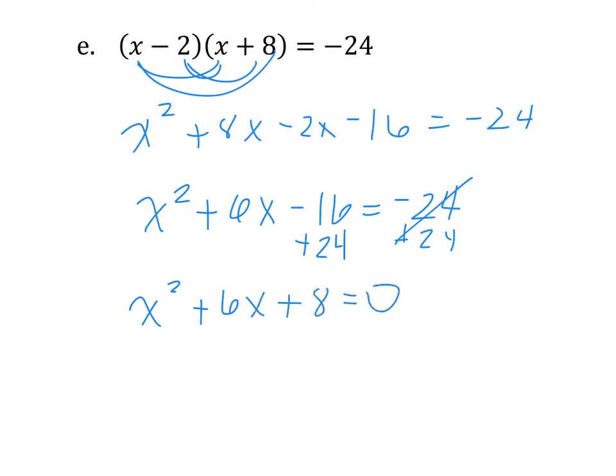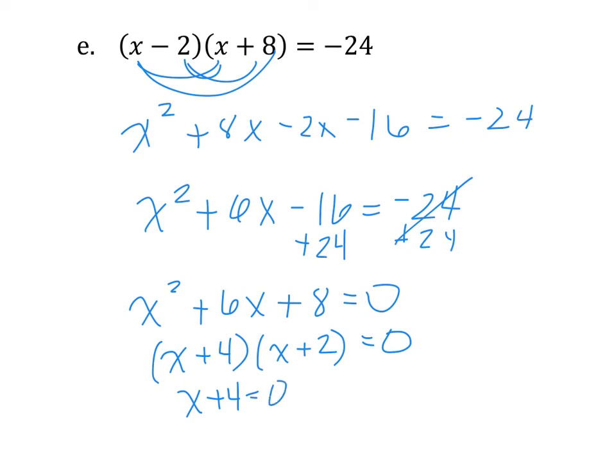0. This is one that's actually very easy to factor. Factors of 8 that'll give me a sum of 6 are 4 and 2. So this factors to x plus 4 times x plus 2 is equal to 0. Solving for each of these, I can say that x plus 4 equals 0, or x plus 2 is equal to 0.